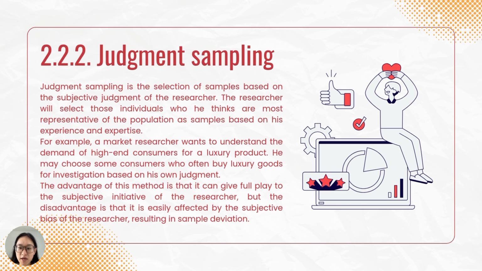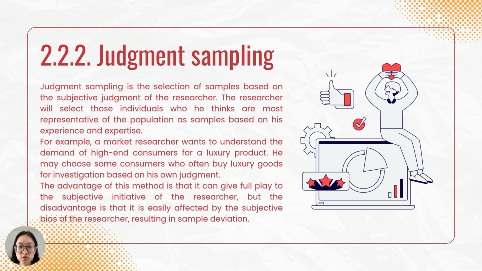And judgment sampling is to select samples based on the subjective judgment of the researcher. Based on their years of experience and professional knowledge, researchers will select those individuals who they think are most representative of the overall characteristics as samples. For example, a market researcher wants to understand the demand of high-end customers for a luxury product.